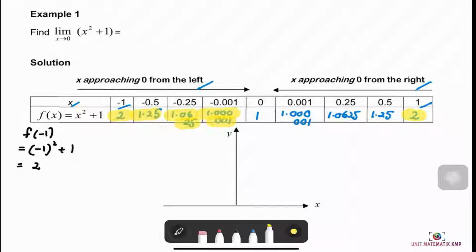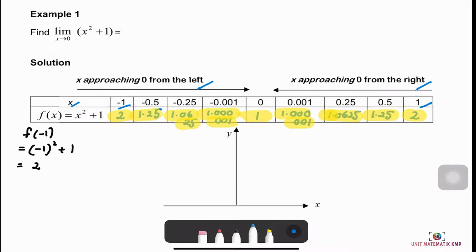This one we have 2, next one 1.25, next one 1.0625, next one 1.000001. So these values are getting smaller and smaller, and they approach 1 here. Okay. So this one is based on the calculations.